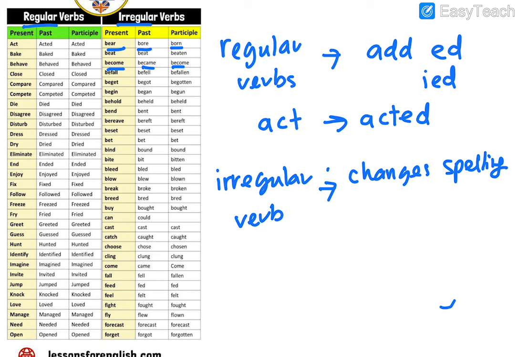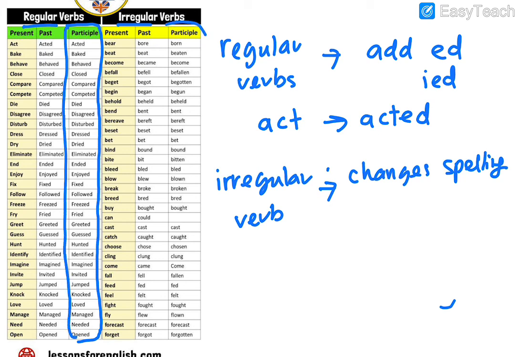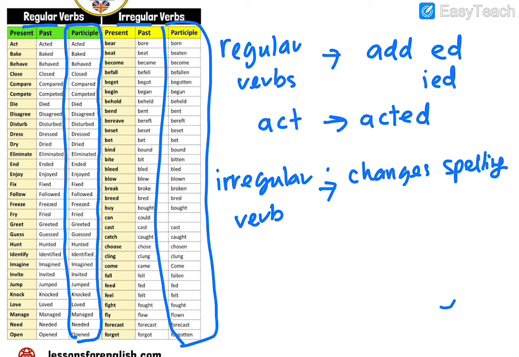So it changes the spelling. So for today's exercise, you will have to refer to the participle column. Okay, this one, participle column.